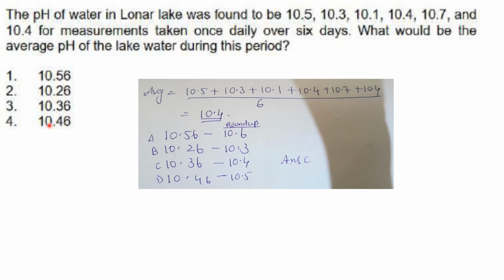But 10.4 is not there in any of the options. But if you round off each value: 10.56 rounded to 10.6, 10.26 rounded to 10.3, 10.36 rounded to 10.4, 10.46 rounded to 10.5. So your answer is C, that is 10.36, which when rounded off will give you 10.4. Answer is option 3. So that's it with part B.